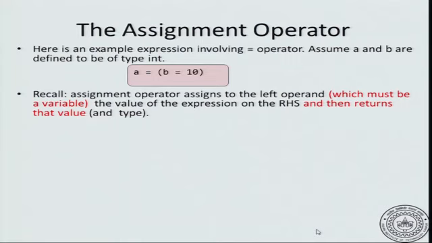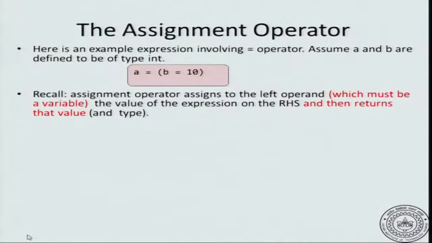Now, assignment assigns to the left hand operand the value of the expression on the right hand side. For example, in this assignment operation, there are 2 assignment expressions. One is the expression b equal to 10, and the second is the expression a equal to b equal to 10. The first assignment expression is supposed to assign 10 to b.